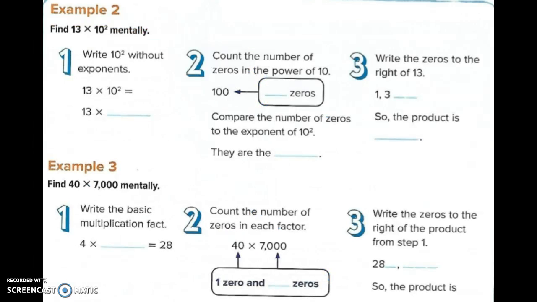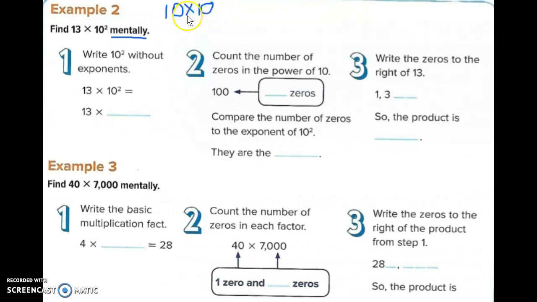Example 2. Find 13 times 10 to the power of 2 mentally. If we have to find something mentally, it means we have to work it out in our head. So first we have to write 10 to the power of 2 without the exponent. 10 to the power of 2 is the same as 10 times 10.